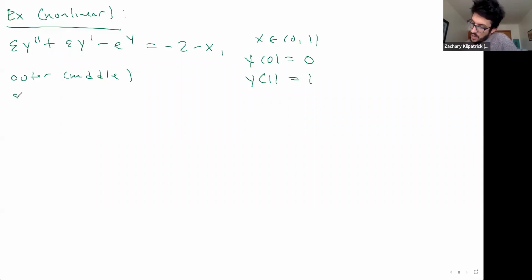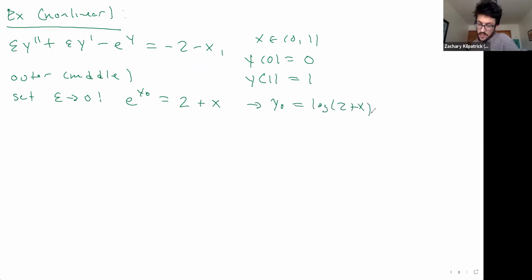Okay, so if we set epsilon to 0, then we just have this equation. It's just a transcendental equation. E to the y0 is equal to 2 plus x, and we get that y0 is equal to log of 2 plus x. Okay, so then we're going to have this situation where here's 1 and 0.